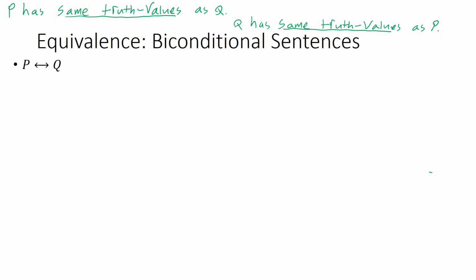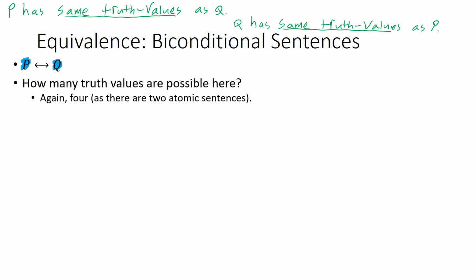We might also say that P is both sufficient and necessary for Q, and Q is both sufficient and necessary for P. And of course, there are 4 truth values possible here.